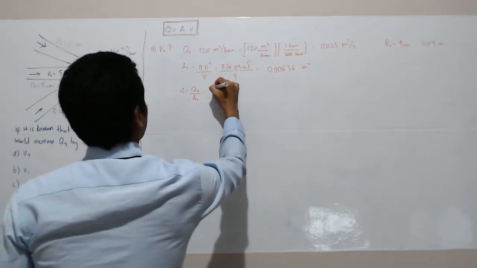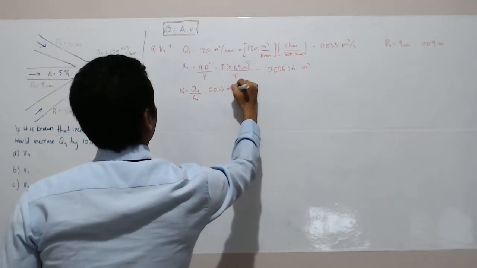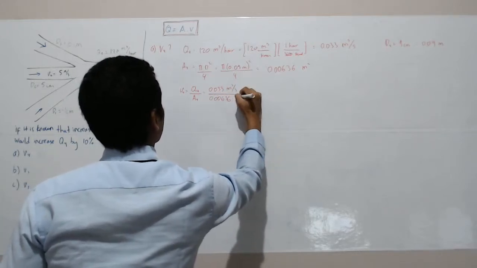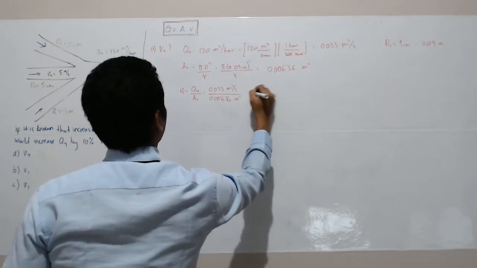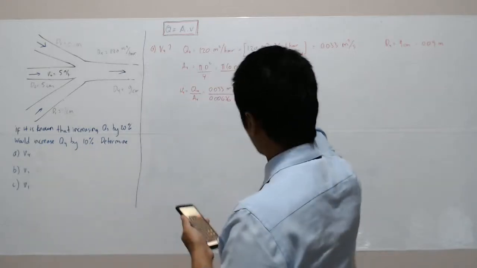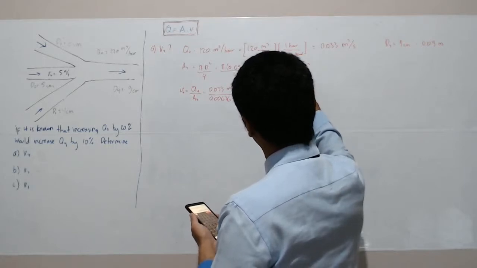So 0.033 cubic meters per second over 0.00636 square meters is equal to 5.24 meters per second.